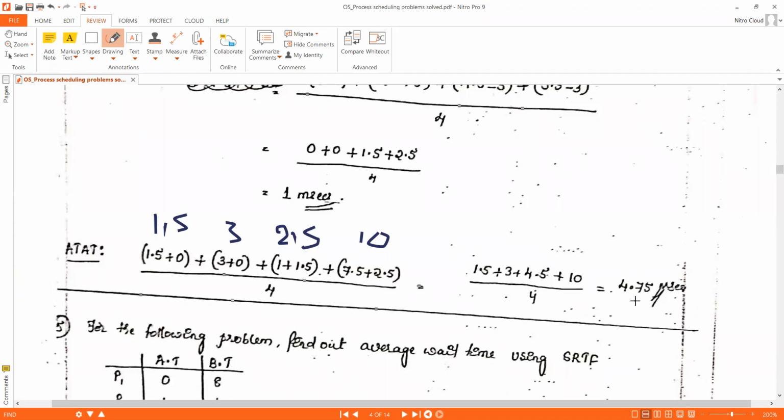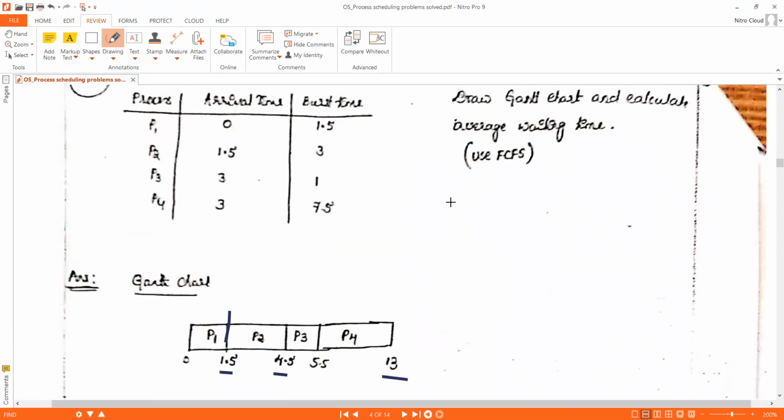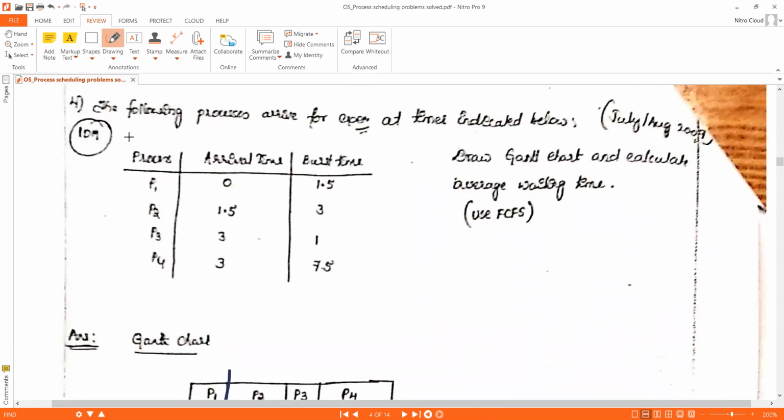We'll get 4.75 milliseconds as the average turnaround time for the processes. Like this, we can solve the problems by using the first come, first serve scheduling algorithm.